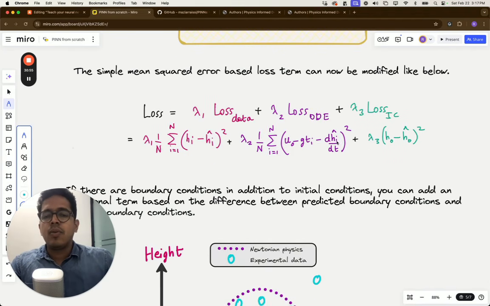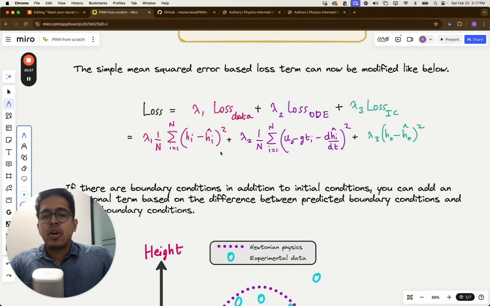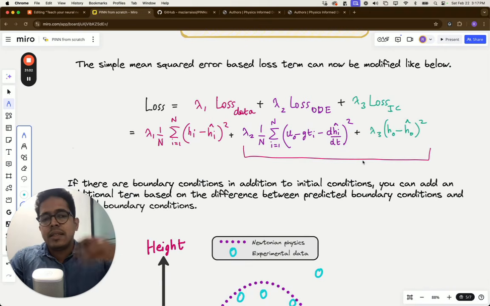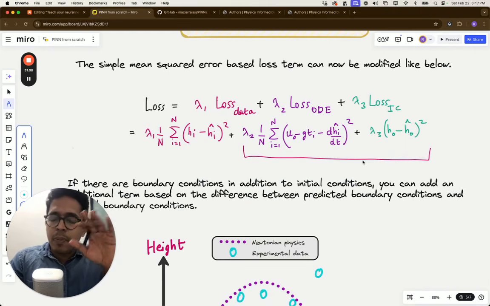In that case, the loss becomes these two things, ODE loss and initial condition loss. And essentially it will become like you are solving a differential equation, because when you minimize the loss, your neural network will perfectly align with the Newtonian physics.